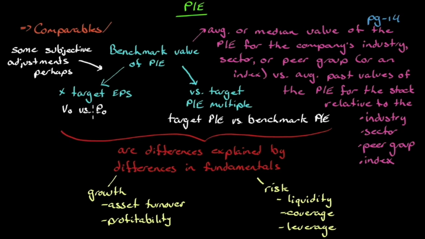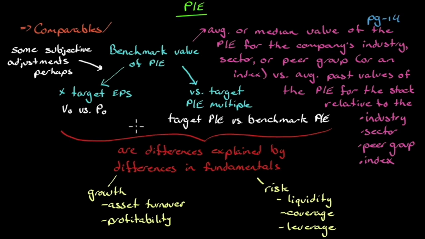And we can make that comparison and determine whether there's an under or overvaluation occurring. Alternatively, we can compare the benchmark PE versus the target PE. And we can make a comparison whether the target PE versus the benchmark PE is telling us anything about whether the stock is under or overvalued.